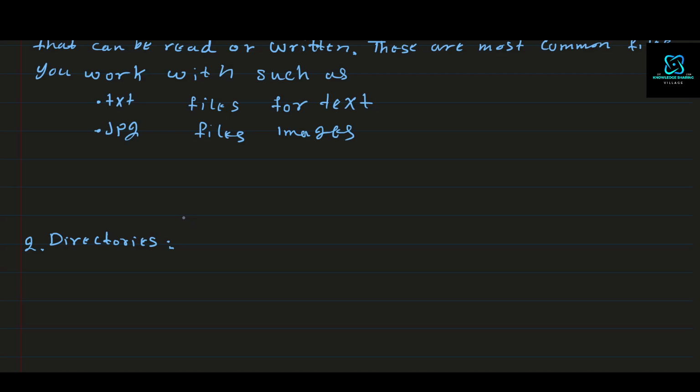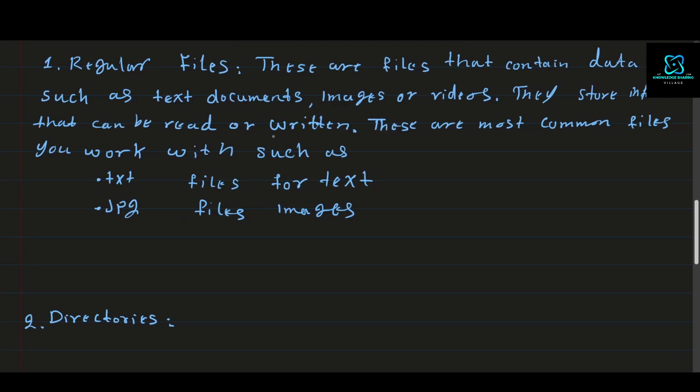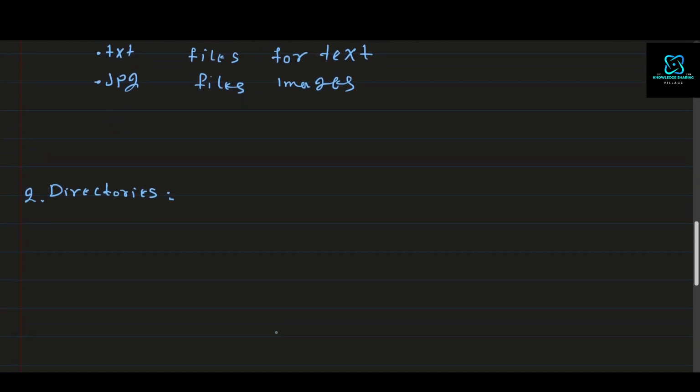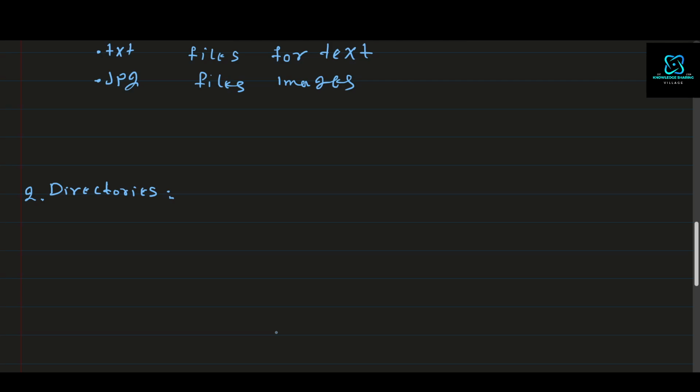First we have regular files. We have learned what kind of data they are being used to store. And then we have directories. Now we are going to explain what a directory is.